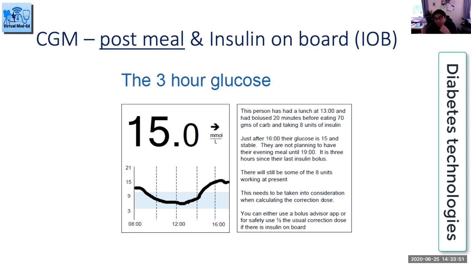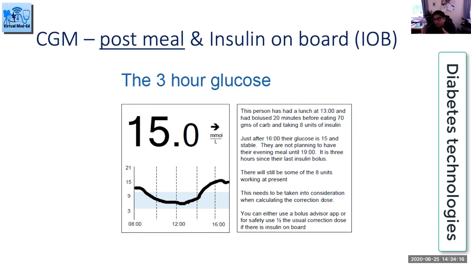In this case, more than likely I would encourage a correction dose. With regards to the correction dose, depending on your insulin sensitivity factor, you might just want to halve it so that you don't overdo it, because you'll end up chasing your tail, what we call a roller coaster effect. So be mindful not to correct too aggressively, because don't forget you still have insulin on board.